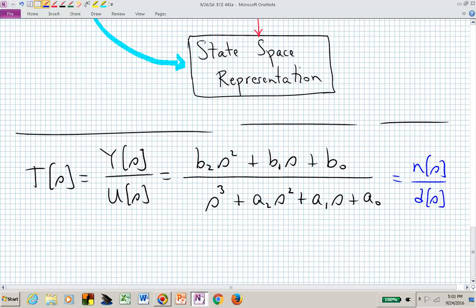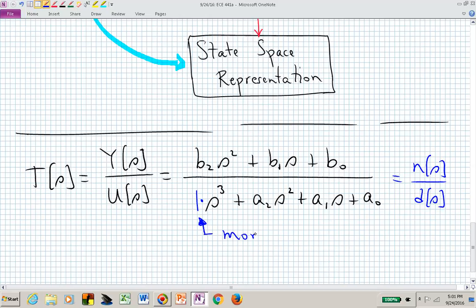One comment that I need to make is that we are assuming that the highest power coefficient on the denominator polynomial has been normalized to 1, meaning we factored out whatever was in front of s cubed and incorporated that into our numerator coefficients.